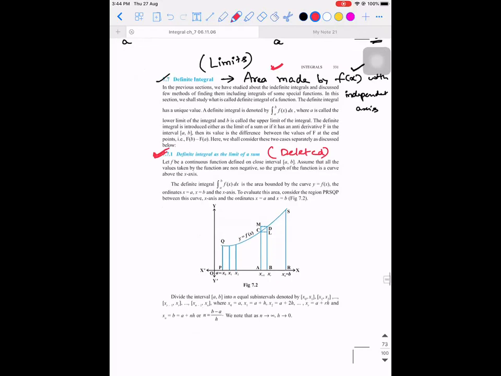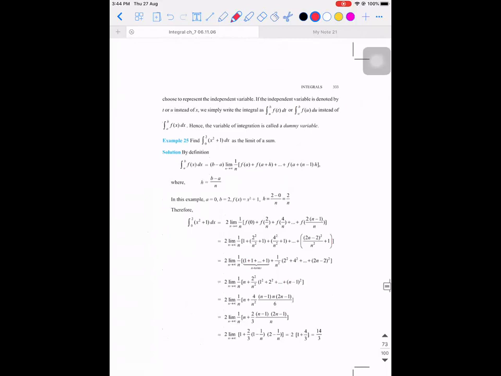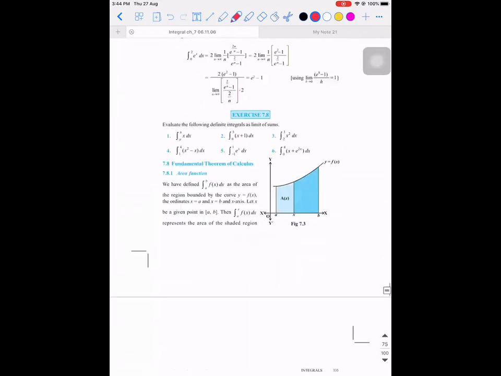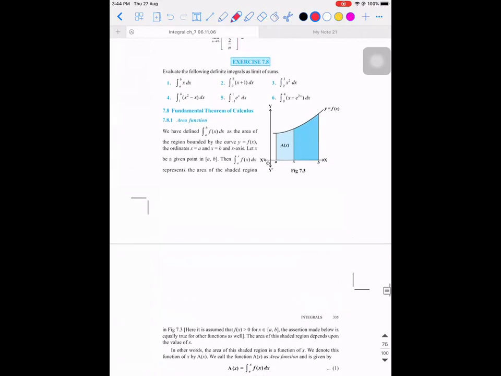So I will directly go to exercise 7.9. It states the fundamental theorem of calculus, which we also call the area function.